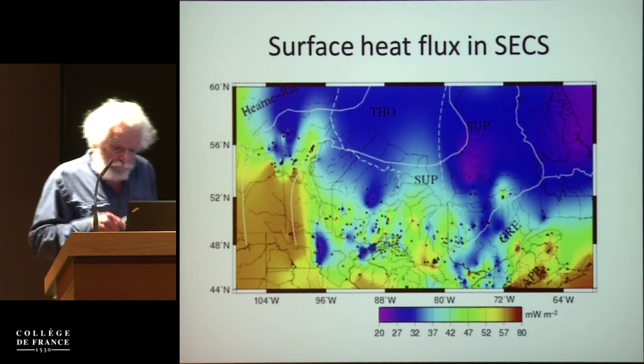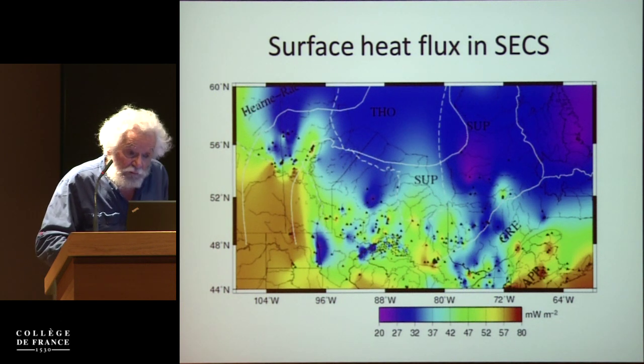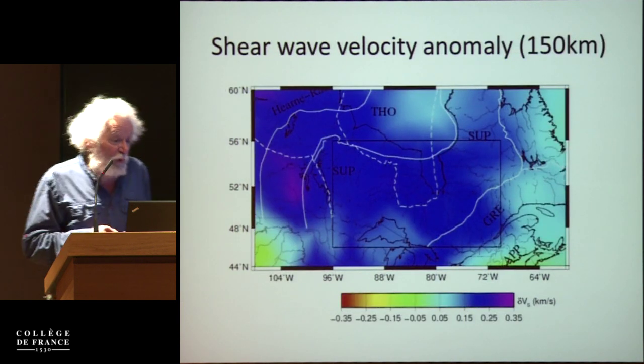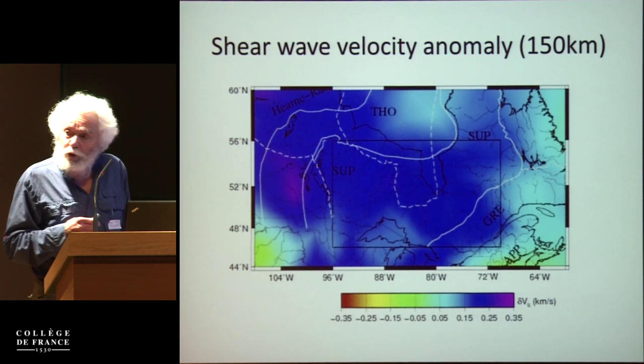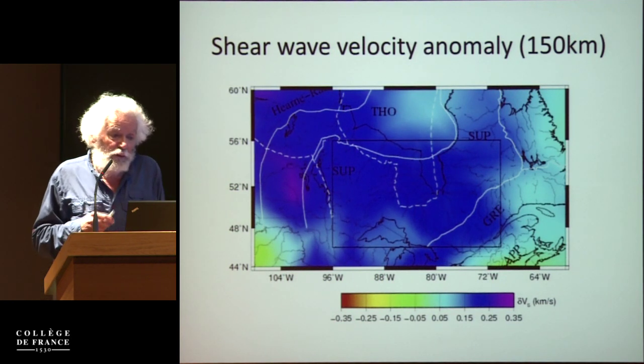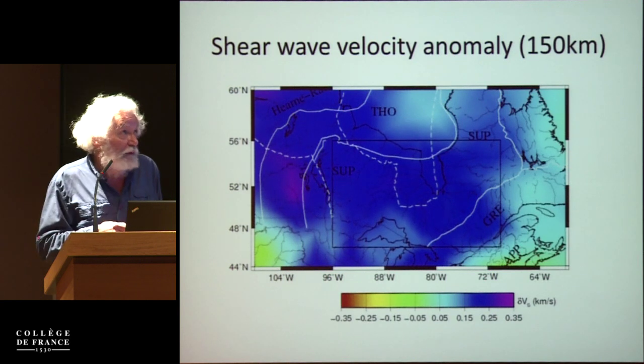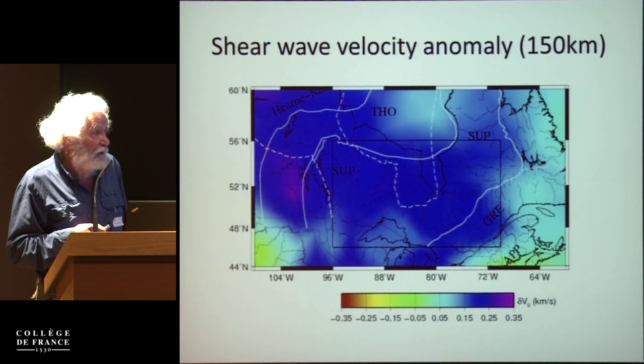Okay? Now, the shear wave velocity anomaly, when we focus on this region, does not at all show the same thing. I mean, it's a lot more uniform in the shear wave velocity anomaly at 150 kilometers.